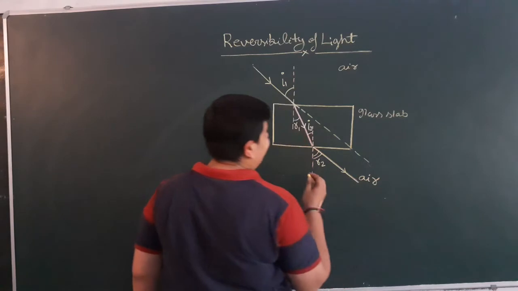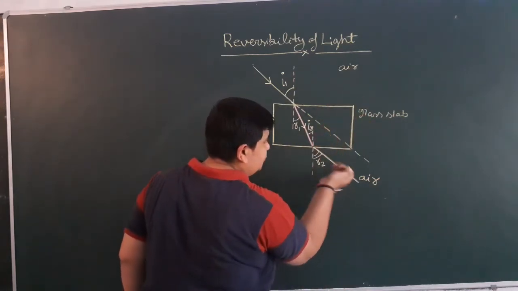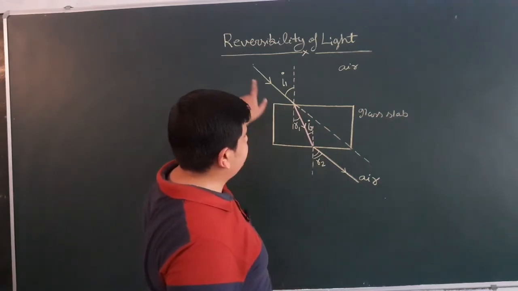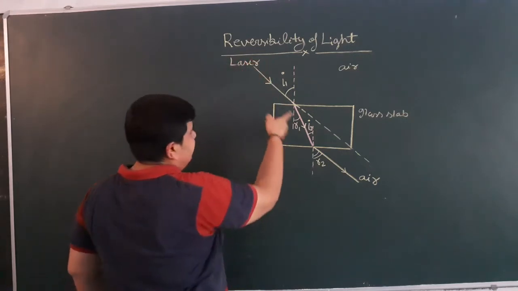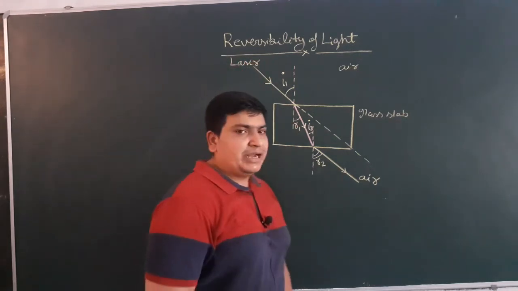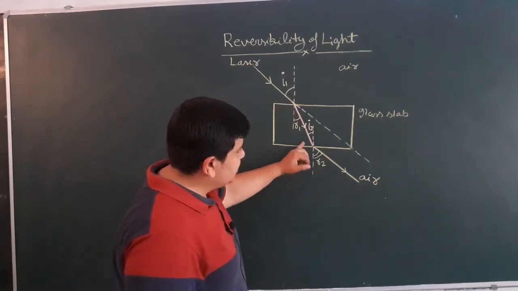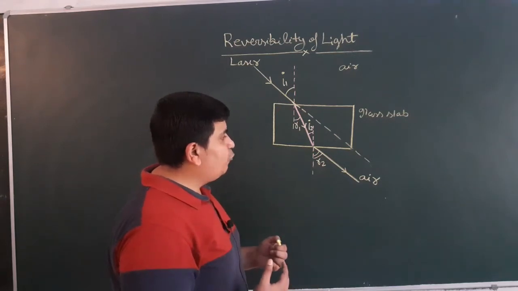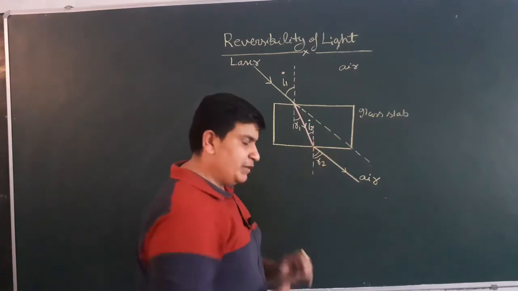So obviously we have two media interfaces, one air to glass and then glass to air. Our laser light will suffer refraction two times, first from air to glass medium and then glass to air medium, and we have to understand what the reversibility of light is in the context of this experiment.